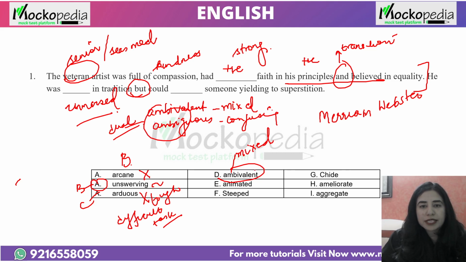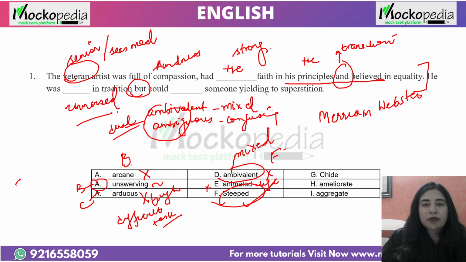So if you will see, ambivalent is mixed, but what we are saying is he was immersed in tradition. So ambivalent will not fit. Animated is, which is life. Anim is life. So animated is, when you see an animation series. So that will also not be the match. Steeped is immersed. अंदर तक गए हुए. Steeped will fit in. For the second blank, F would be the right answer.